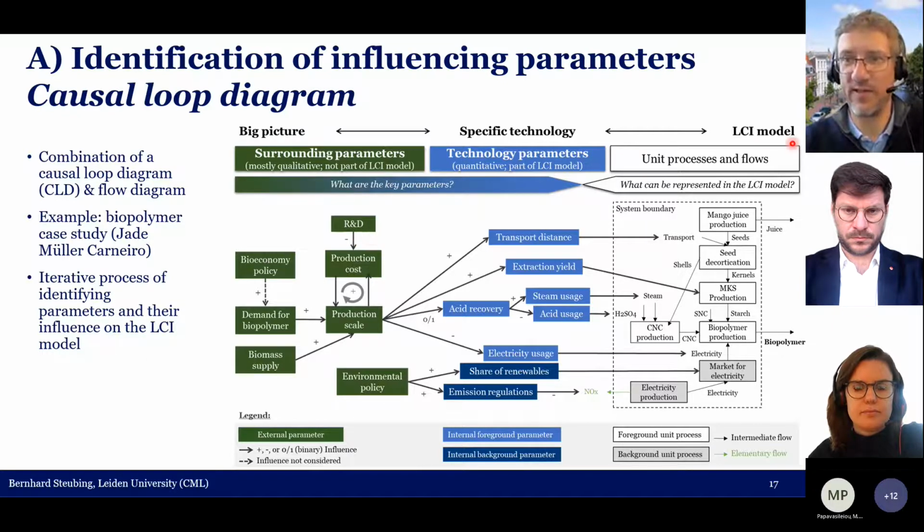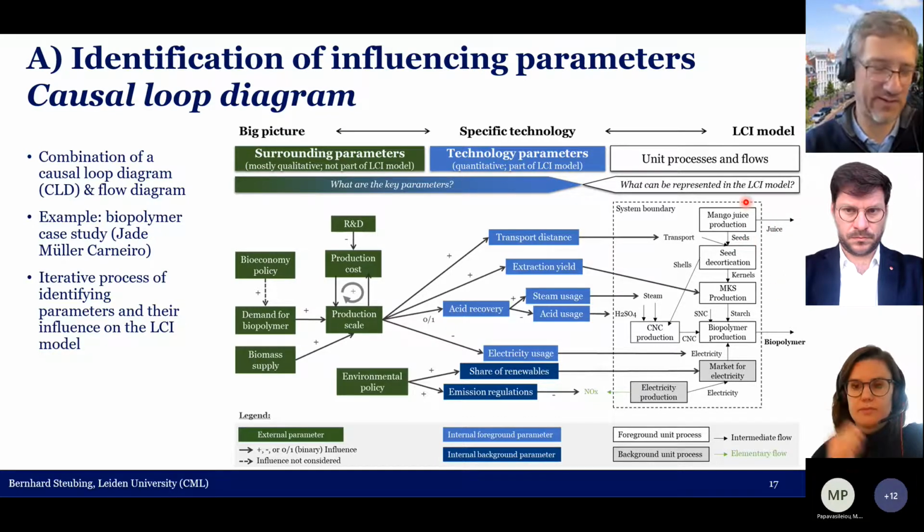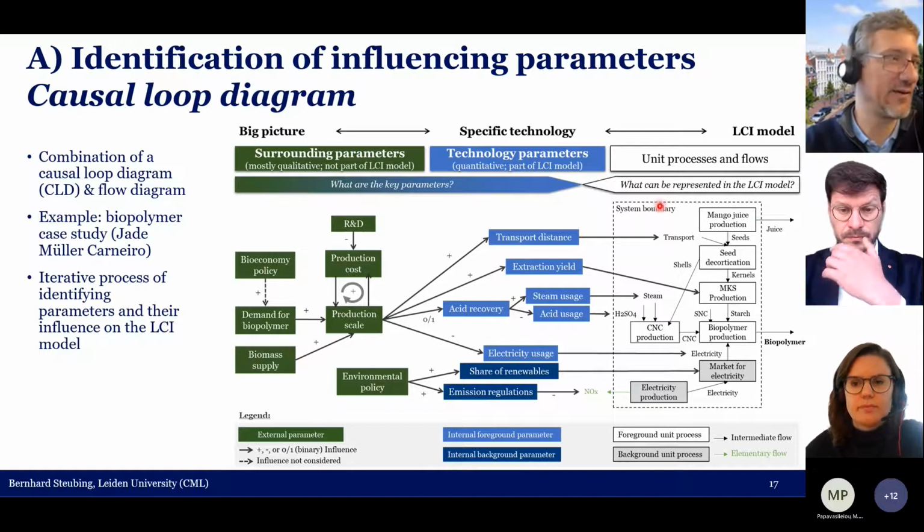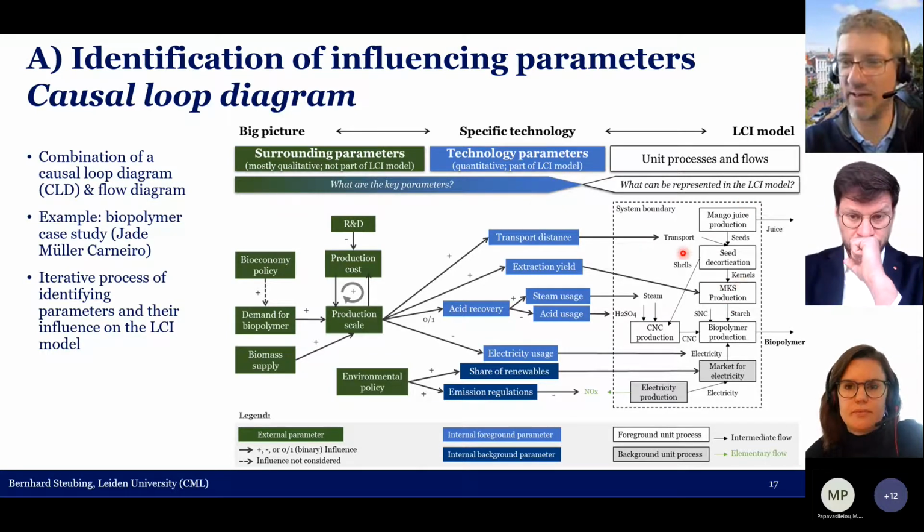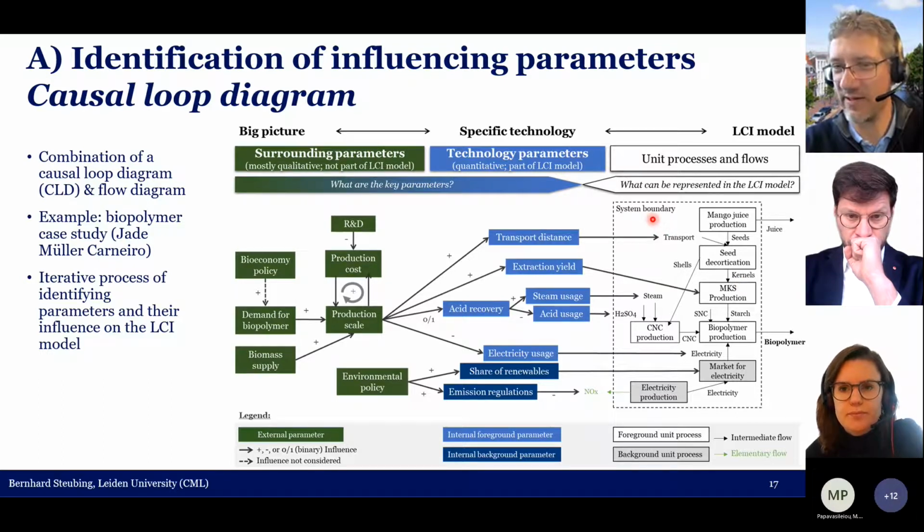So the LCI model is, of course, the technical or the LCA representation of the technology in terms of processes and flows. It's always sort of the ground truth, well, that's how the technology is ultimately represented in the LCA.